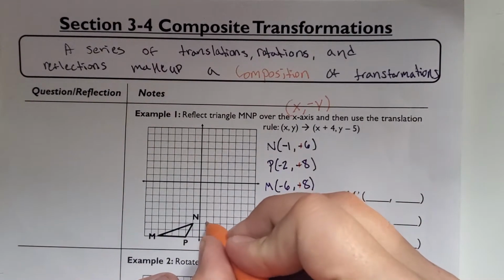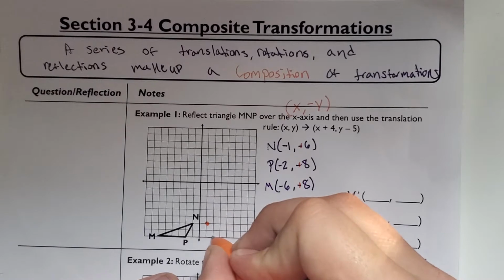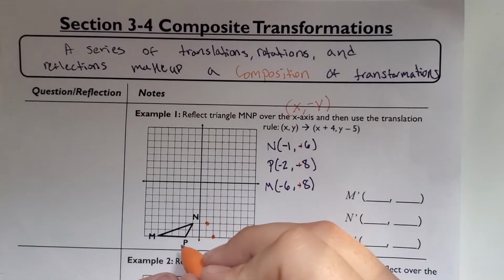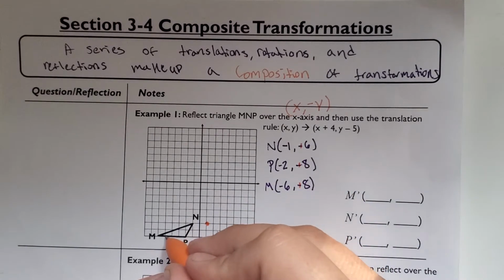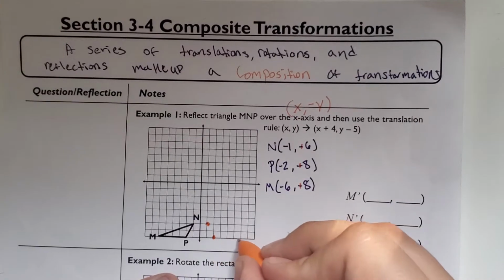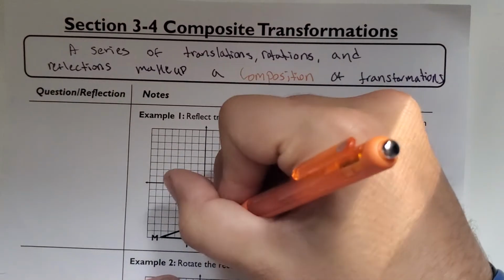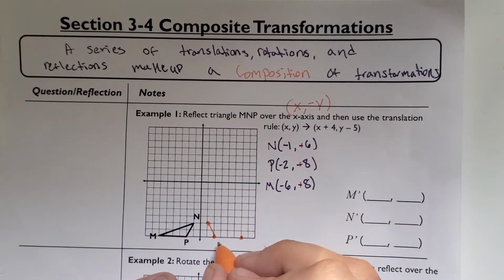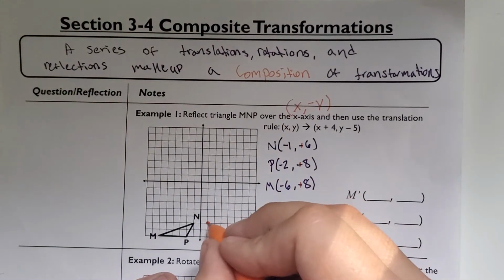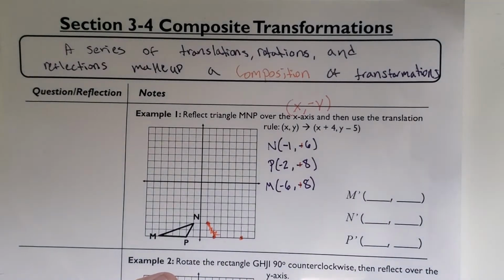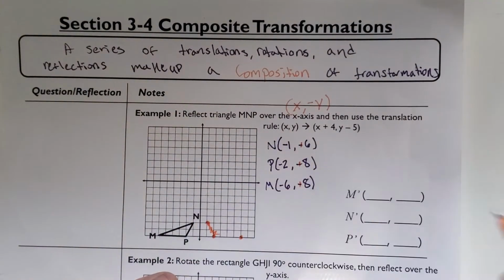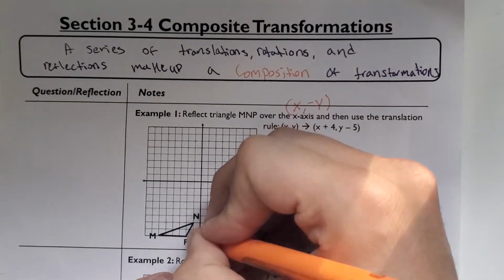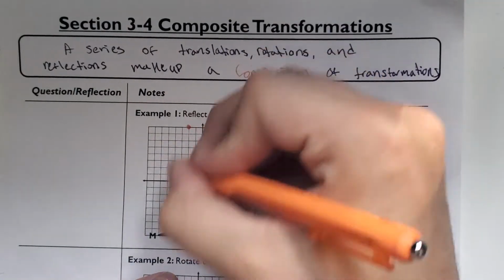So this is going to end up here, my p is going to end up here, and my m is 1, 2, 3, 4, and my m is going to end up right there. So there's my reflection over the x-axis. I just did it over the y-axis. Ignore me. What was I doing? That's the y-axis. That was foolish. No, they're going to end up all the way up here.